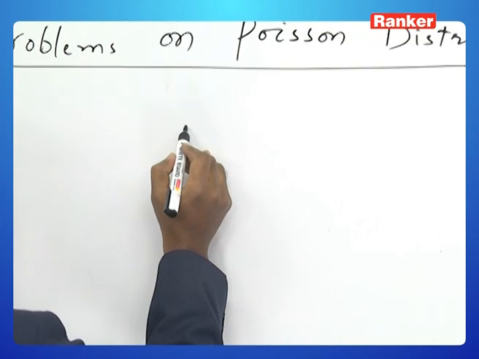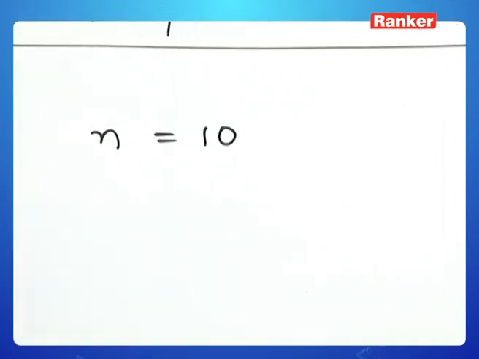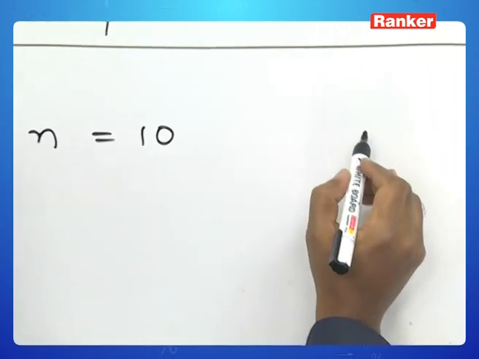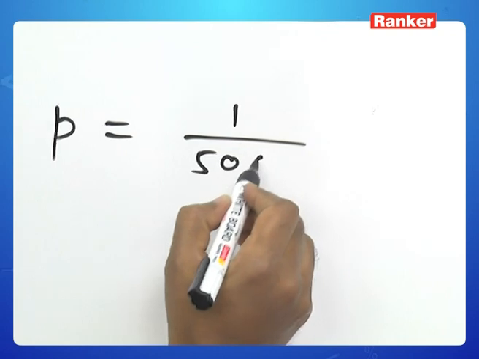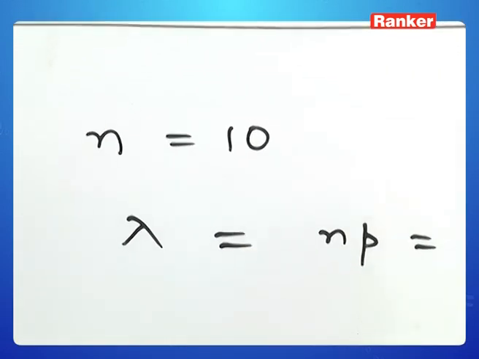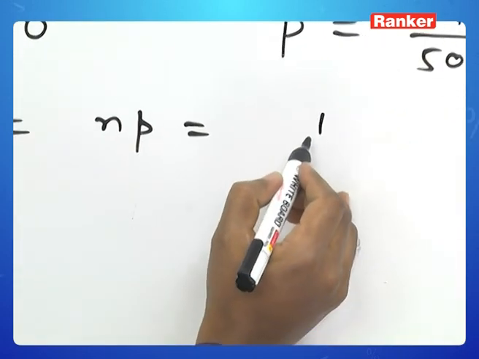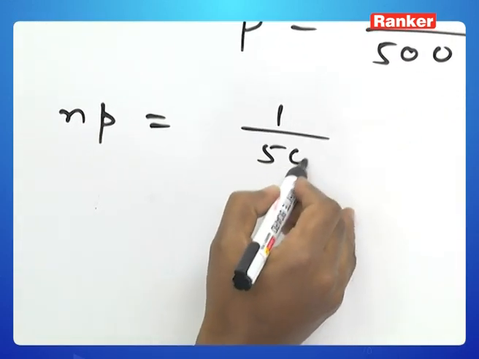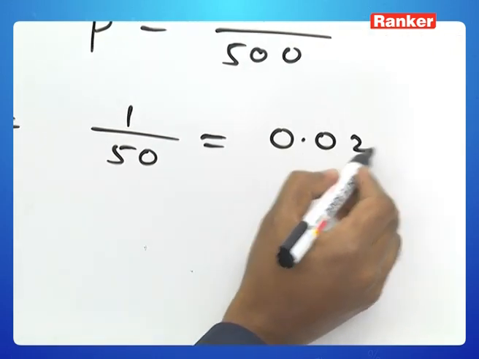So, let us have a look at this. Now, here the sample size is 10, and p, the probability of finding a defective, is 1 in 500. So lambda here is n into p. What is that? 10 by 500, so 1 by 50, which is equal to 0.02.